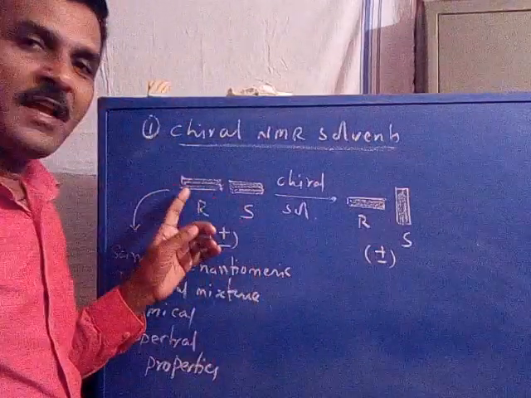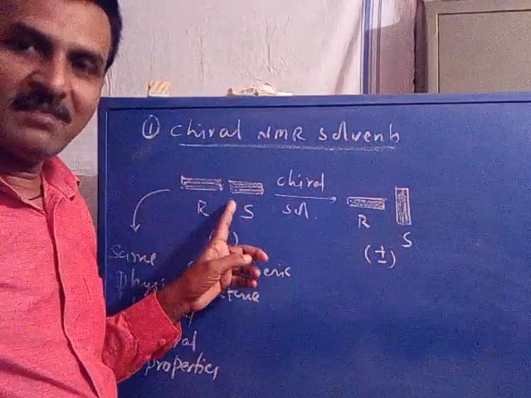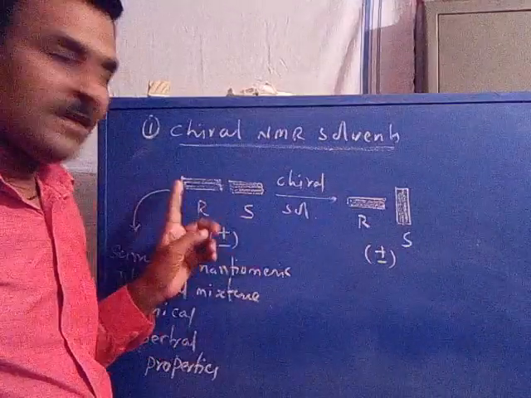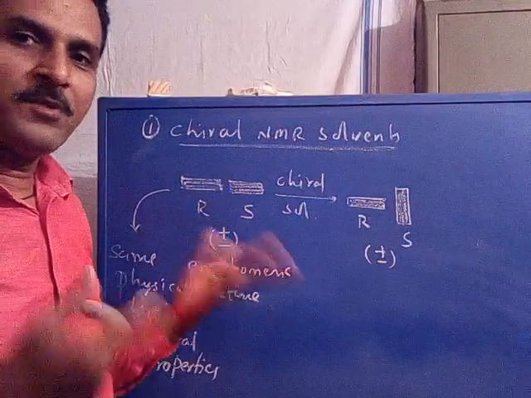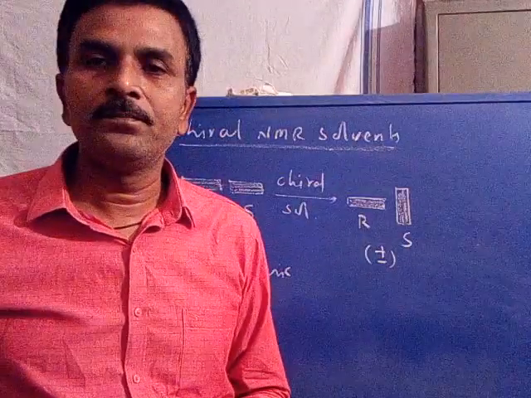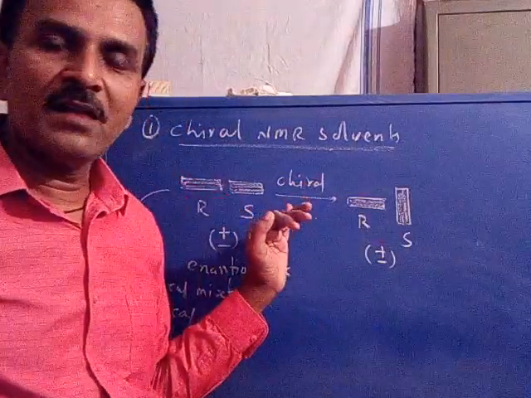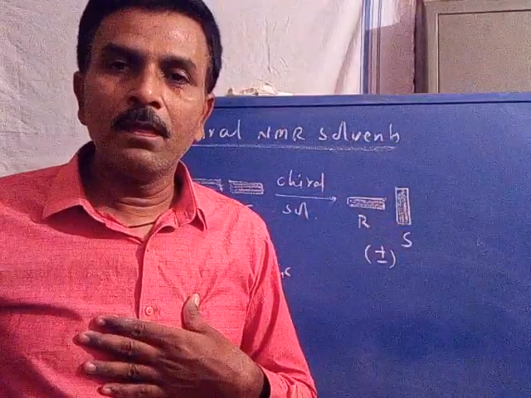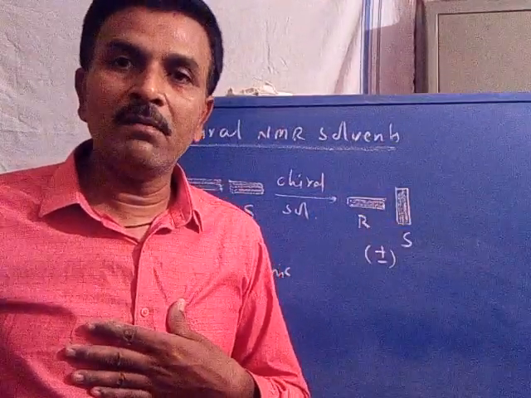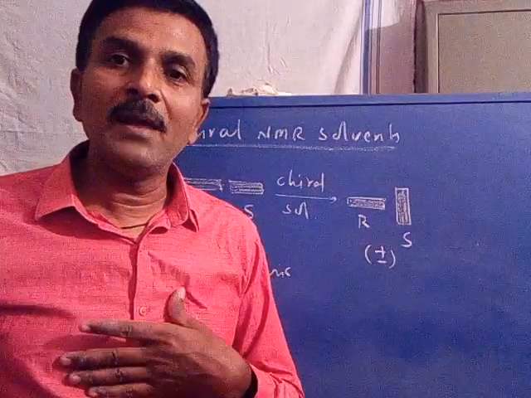Initially both isomers are oriented in the same way, that is, the chemical anisotropy of the first isomer and second isomer is the same. Absorption frequencies are also the same. In the presence of chiral solvent, when these isomers are oriented in different ways, one horizontally, the other vertically, what happens?